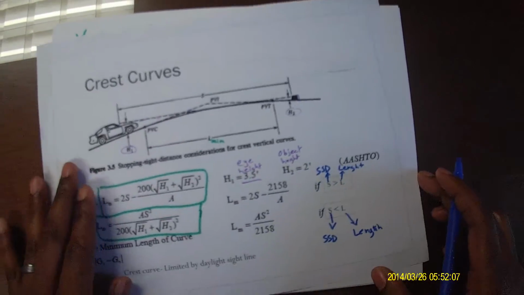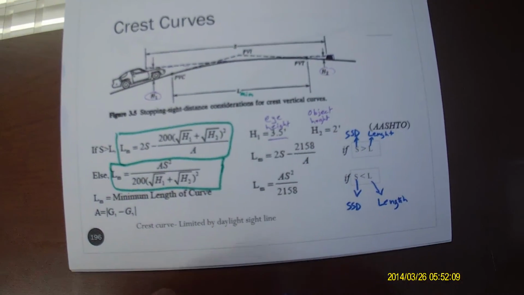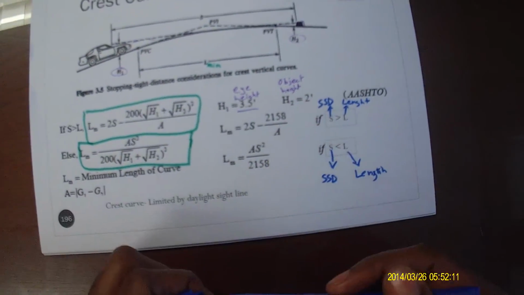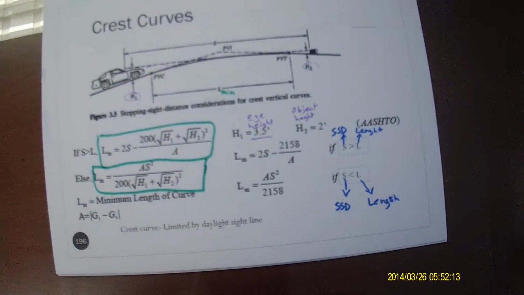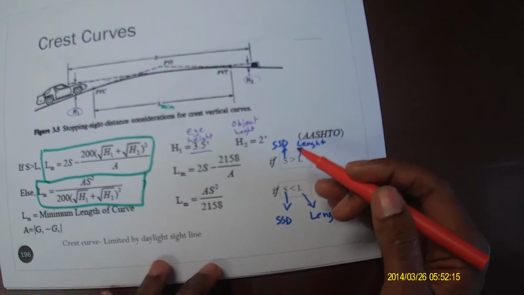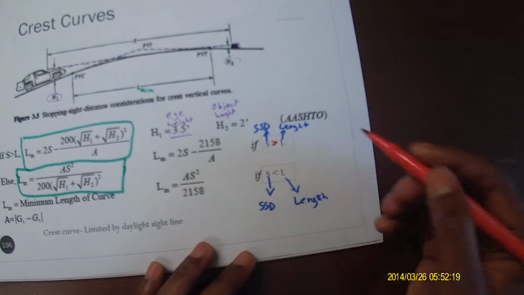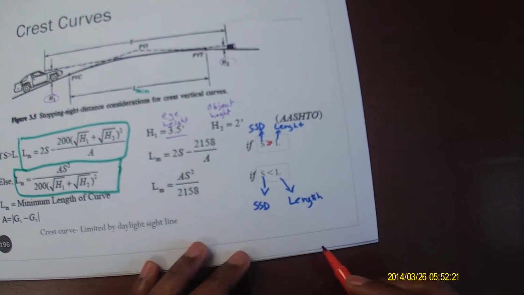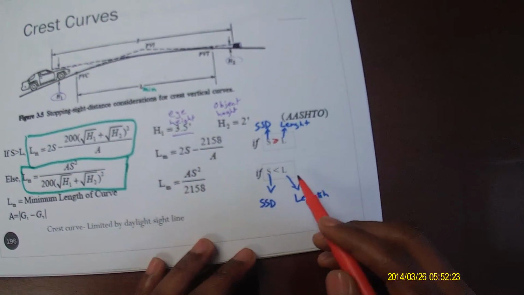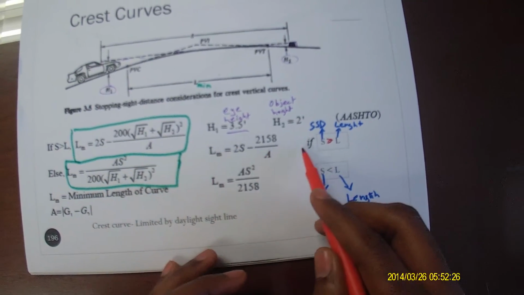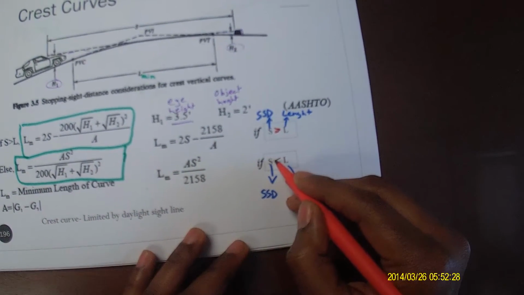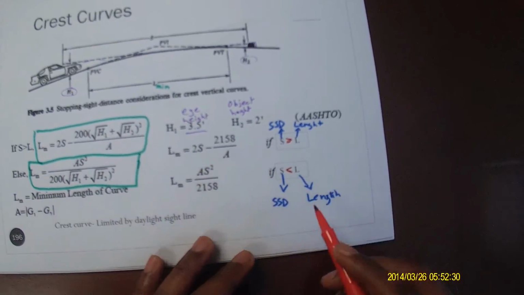Okay, so you have these two conditions, and only one of them can be met. Because if you notice, the greater than sign is pointing towards the stopping sight distance in this equation, and the less than sign is pointing to the stopping sight distance for this equation.